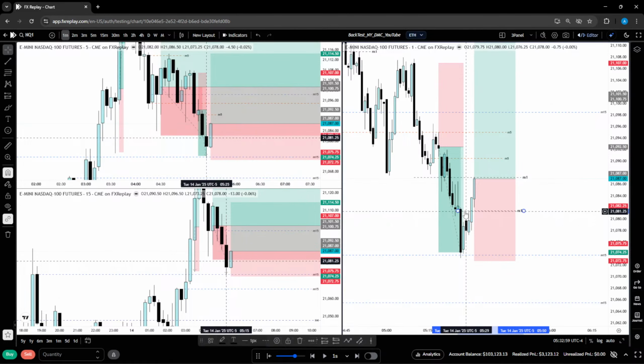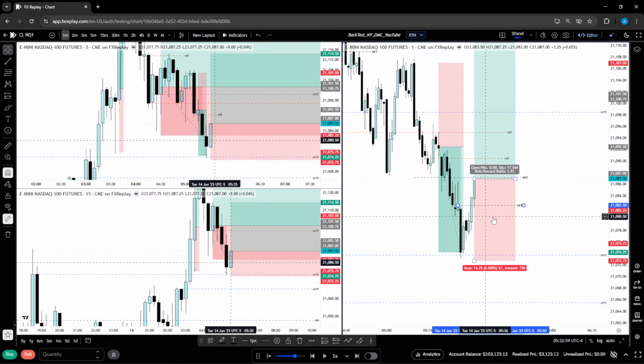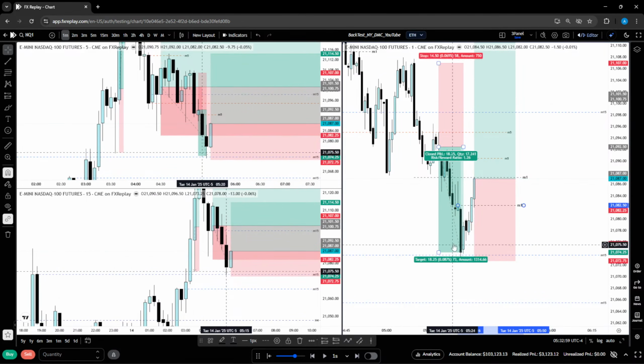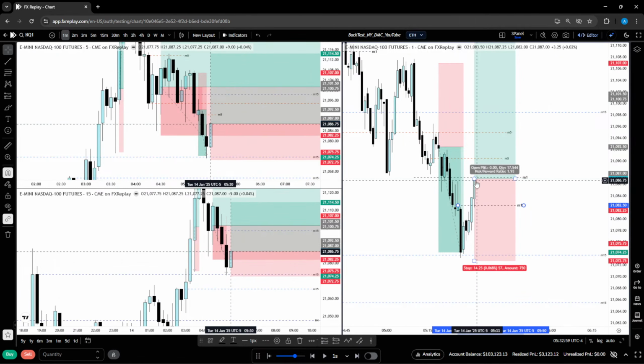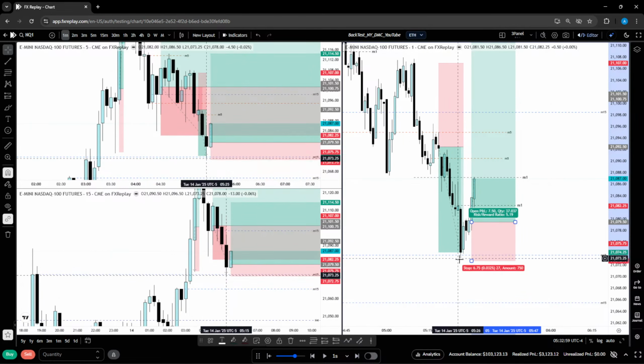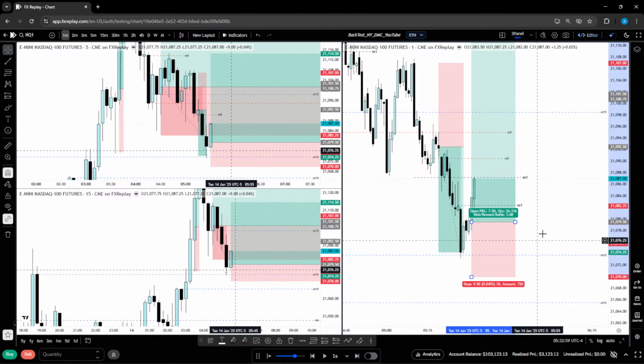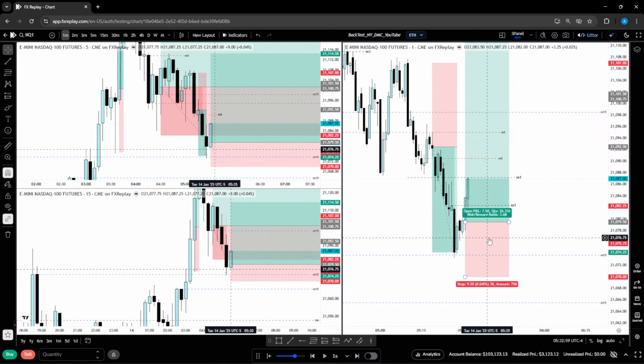So I already tested this though. I don't know if I want to come back down here again. Maybe I'll wait and then I'll take a trade if we go and test this level.